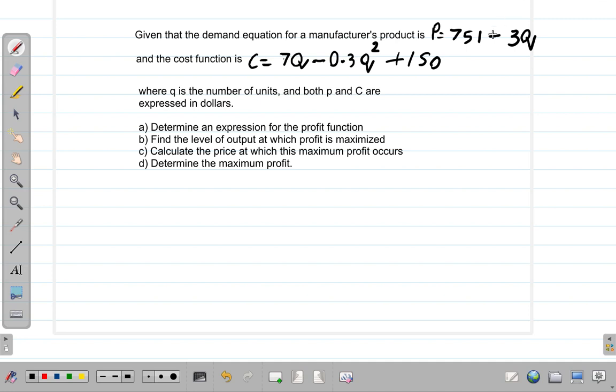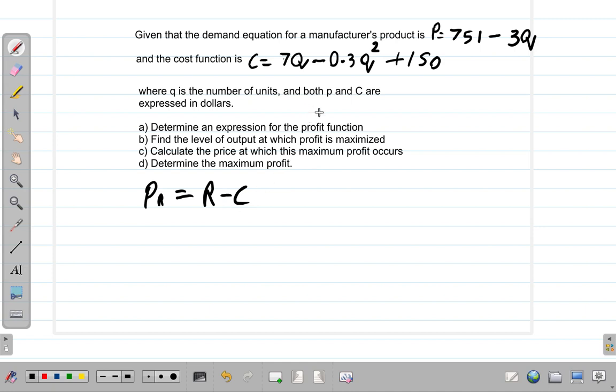The thing is, they use P up here for price already. What should we use for profit? Call it PR. Profit equals the revenue minus the cost.